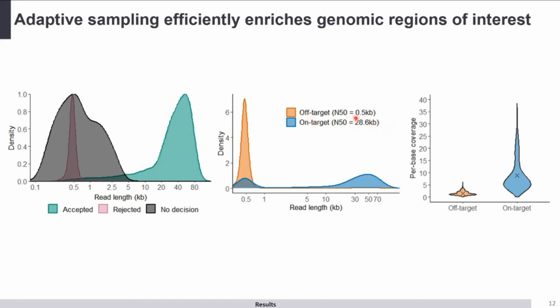Lastly, adaptive sampling resulted in a median 6-fold enrichment in coverage within the target regions compared to the off-target regions. This demonstrated the successful rejection of DNA fragments outside the target regions while fully sequencing the DNA fragments within the target regions. So here we can conclude that we can enrich regions of interest using adaptive sampling, which does not require any additional wet lab preparations.